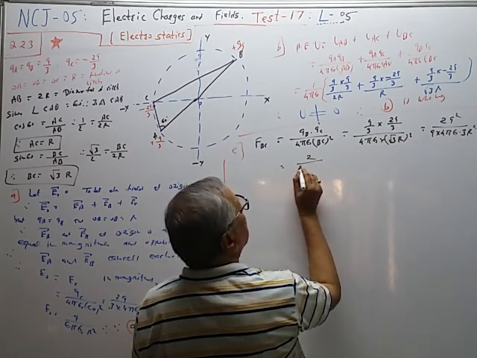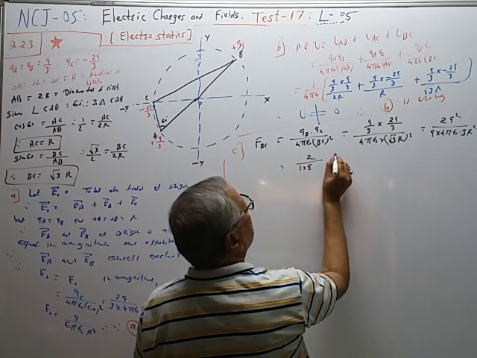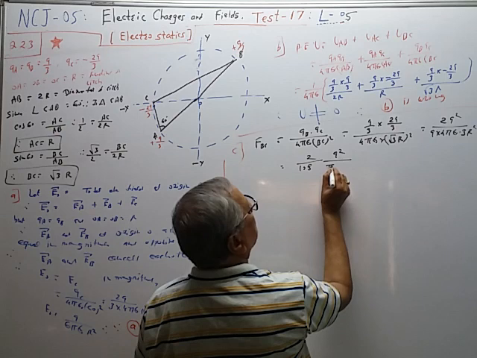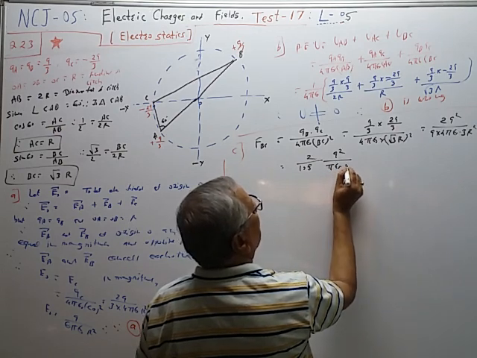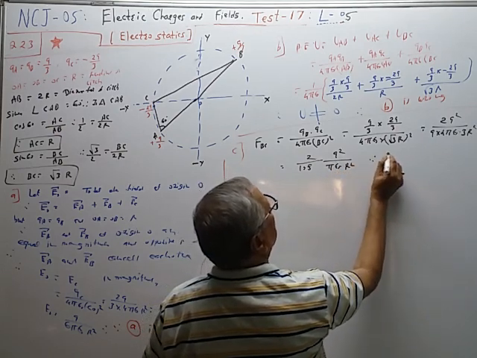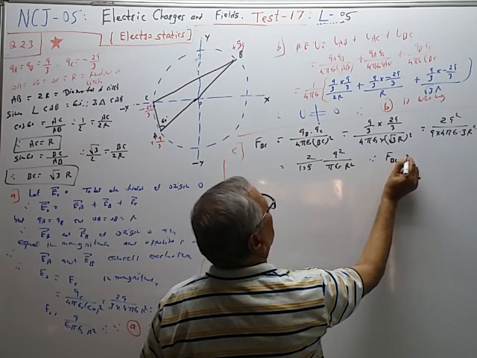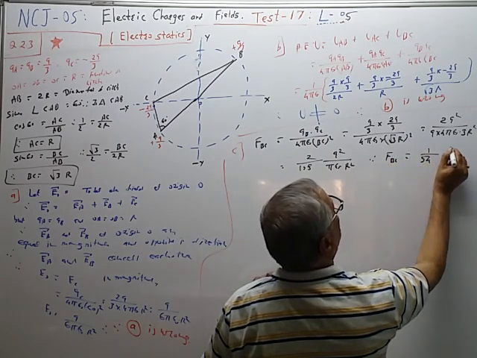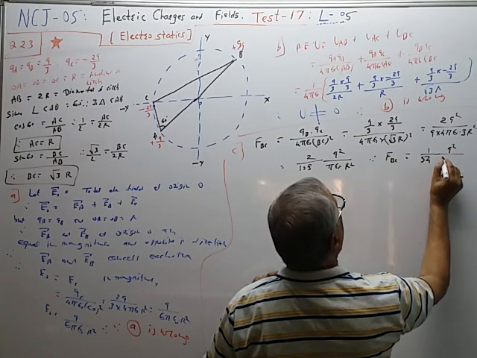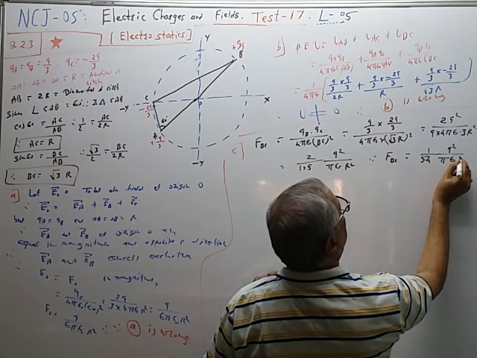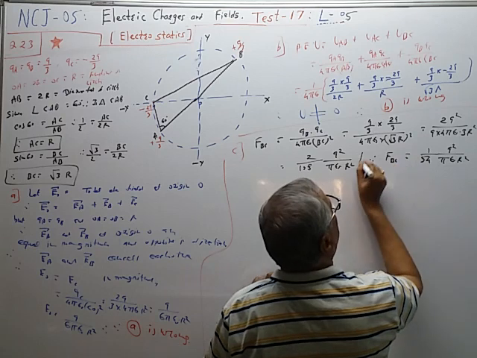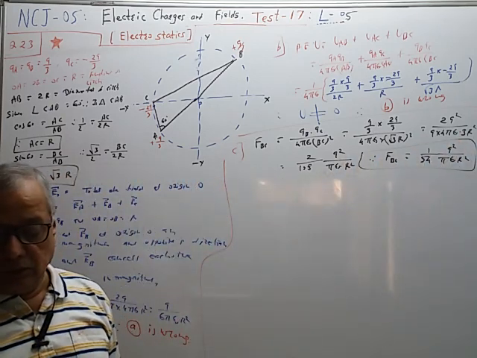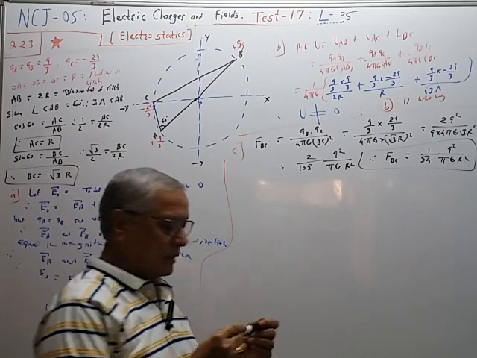So 2 multiplied by 108 Q square upon pi epsilon naught R square. Therefore FBC is equal to 1 upon 54 Q square upon pi epsilon naught R square in magnitude. Therefore C is correct.